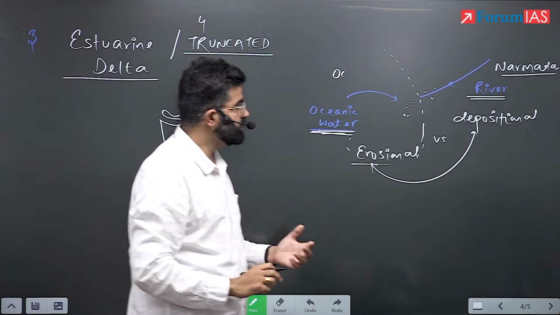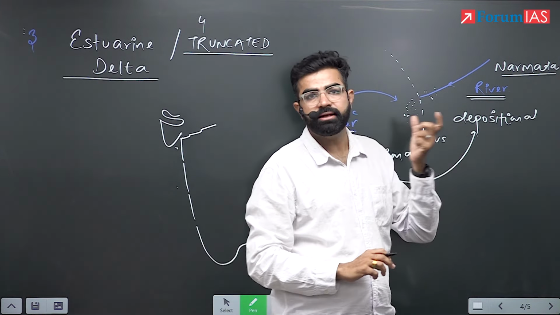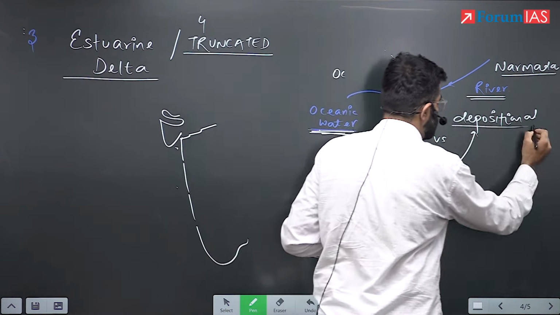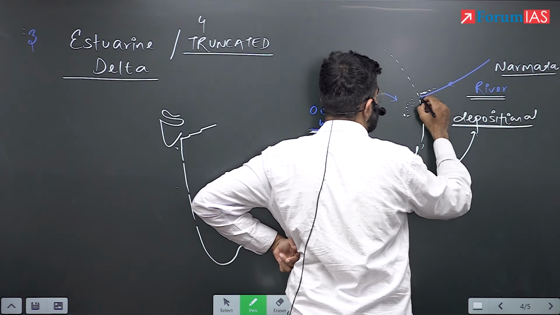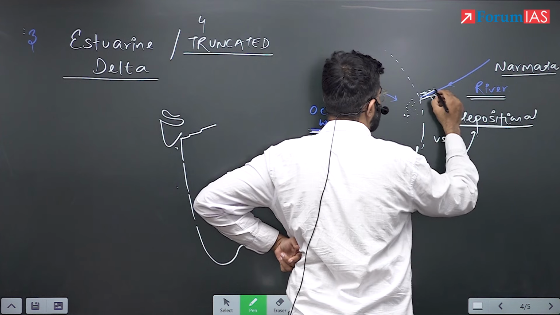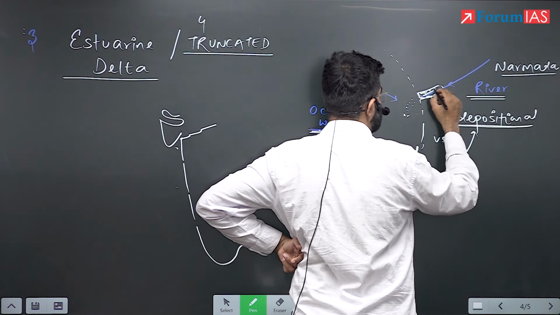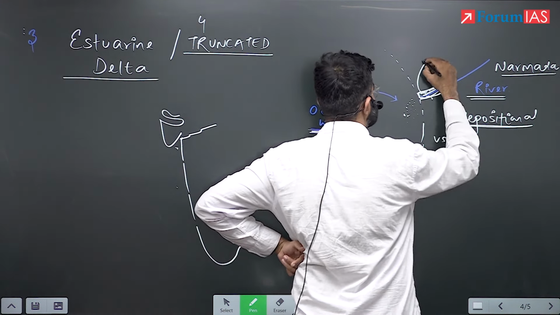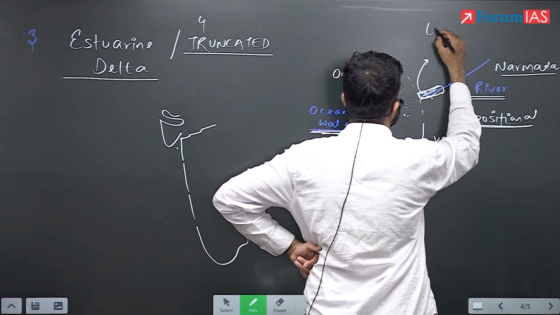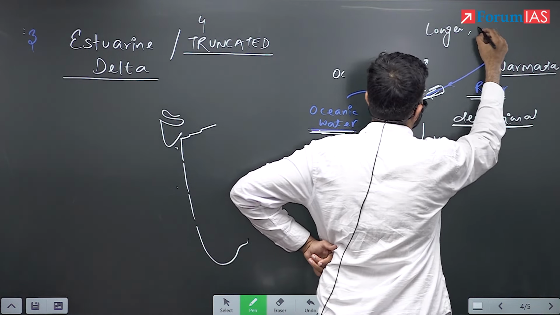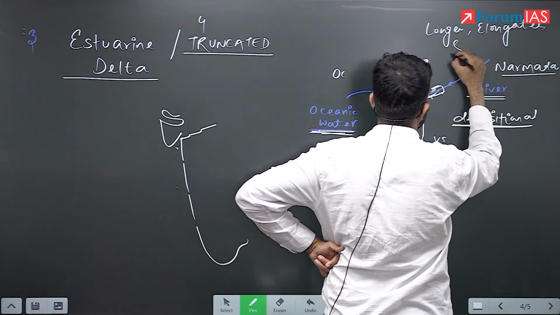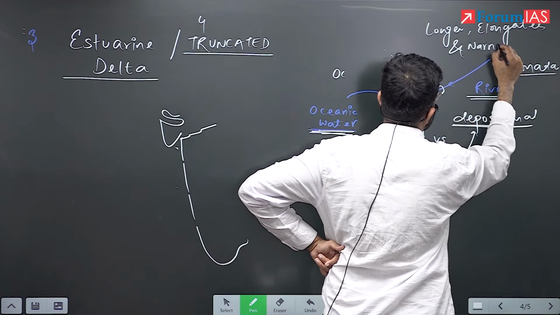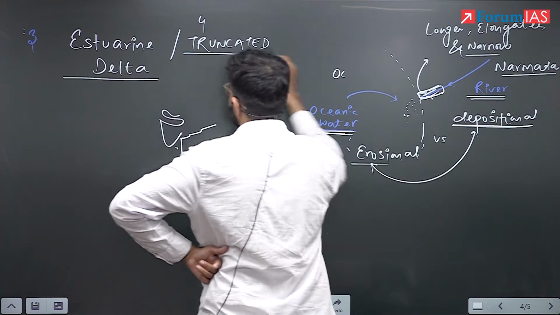However, sometimes the river may succeed, and in that case, depositional work will succeed, and deposition will start. A narrow, long, elongated type of delta will be formed in this area, and this type of delta, which is longer, elongated, and narrower, is known as Estuarine Delta.